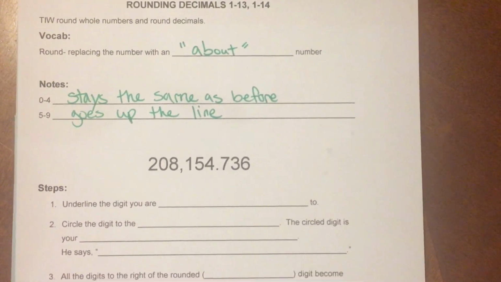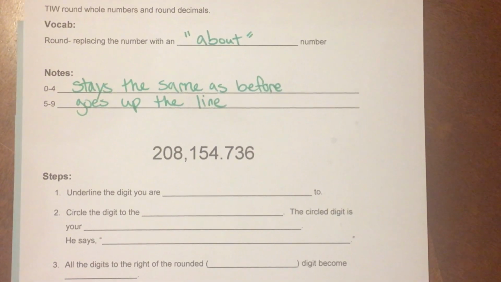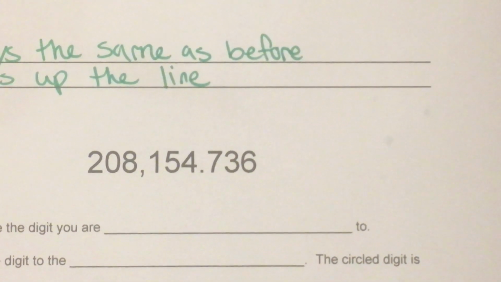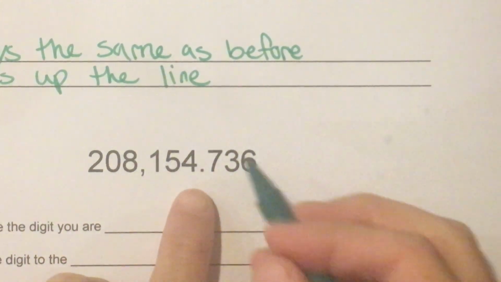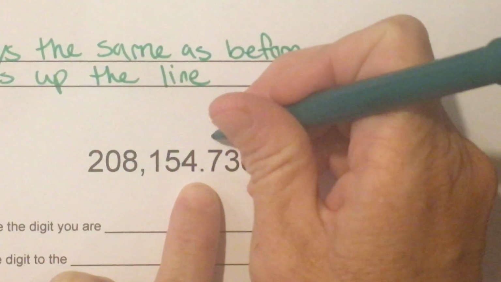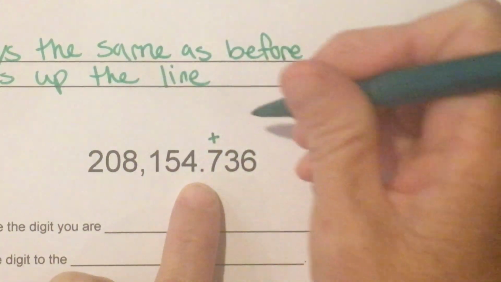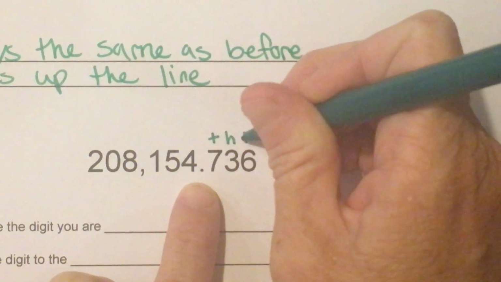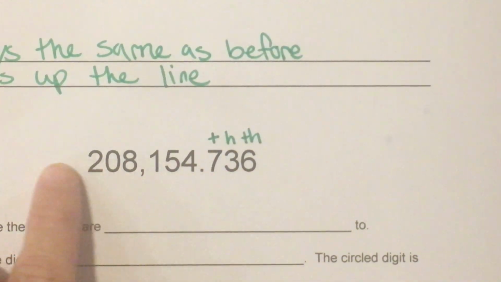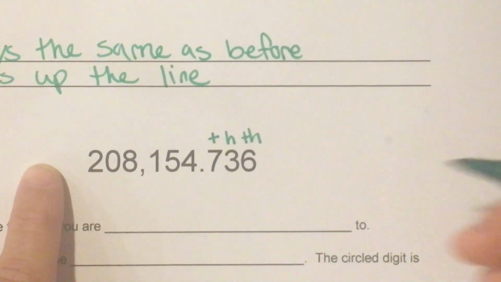Okay, our other note is you have to know your place values. You must know your place values to be successful on this lesson, but also on the entire Unit 1 test. So hopefully we've mastered them. Remember, I always like to start at the decimal. On the decimal side, I have the tenths, the hundredths, and the thousandths. And the whole numbers, I work backwards.